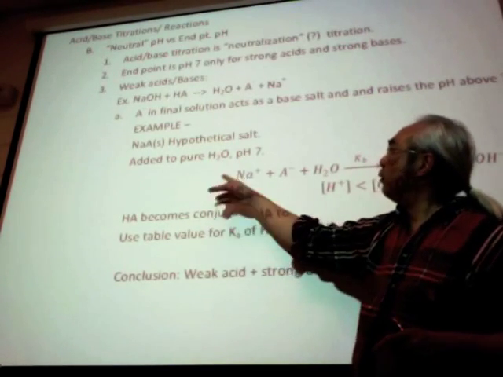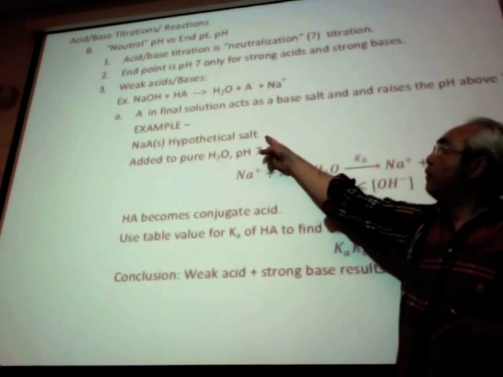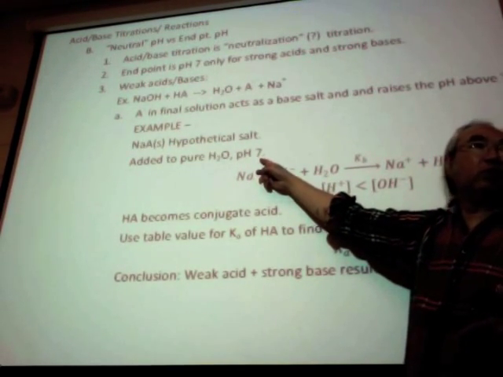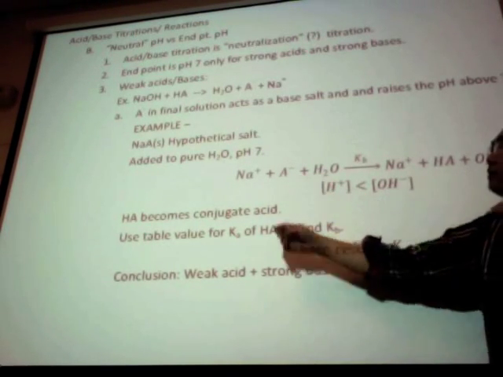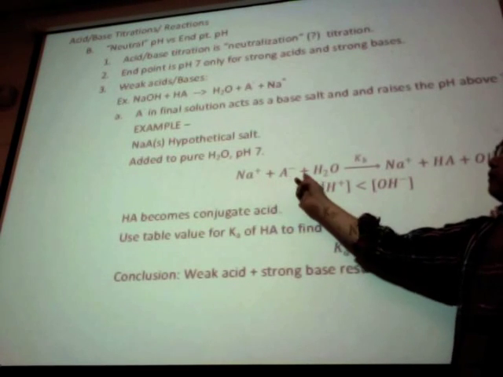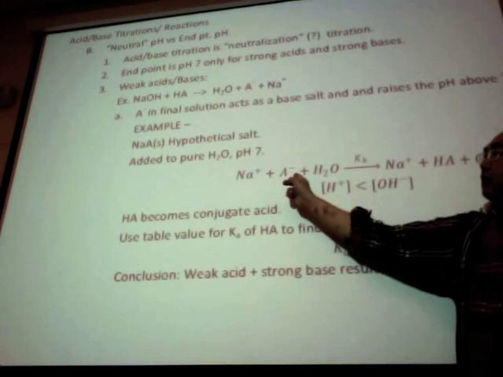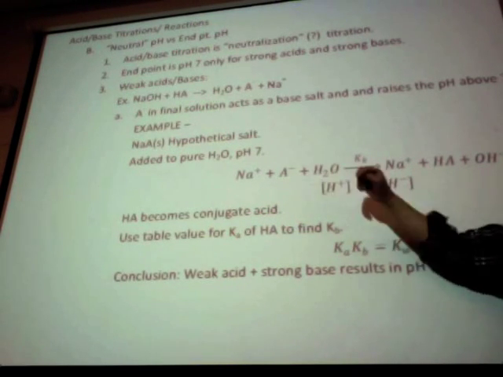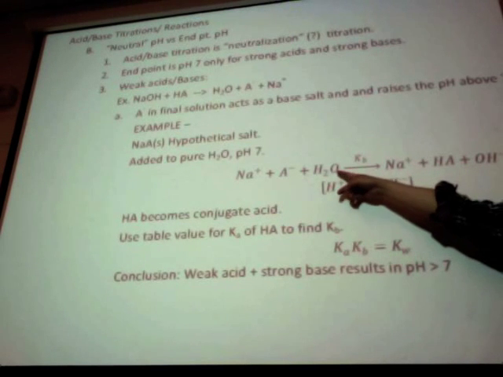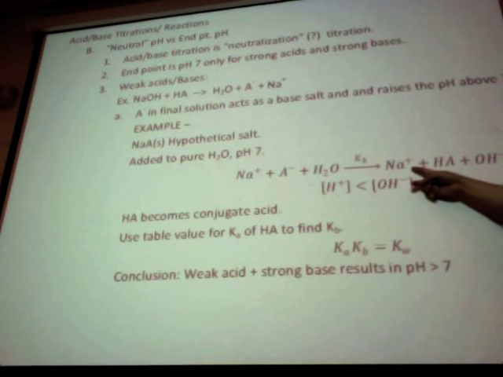Added to pure water, which is initially pH 7, it is no longer pH 7. Why is that so? Because when this is added into water, the two dissolve, then the A minus will react with the H of the OH, and therefore give you this mixture.